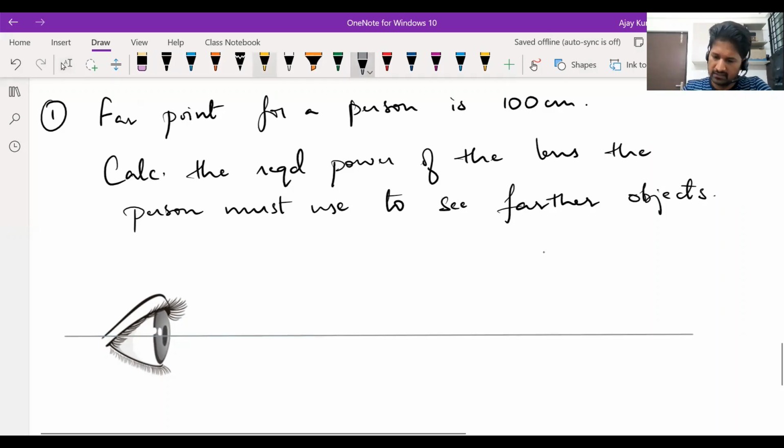The person's eye is able to form images of objects only if they are within this 100 centimeter distance. If the object is beyond 100 centimeters, the person's eye is not able to converge the rays onto the retina.